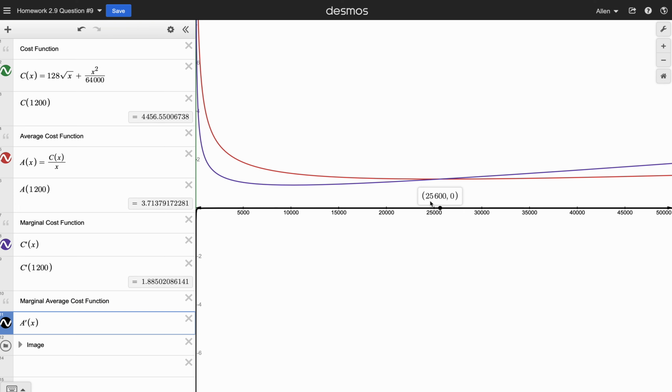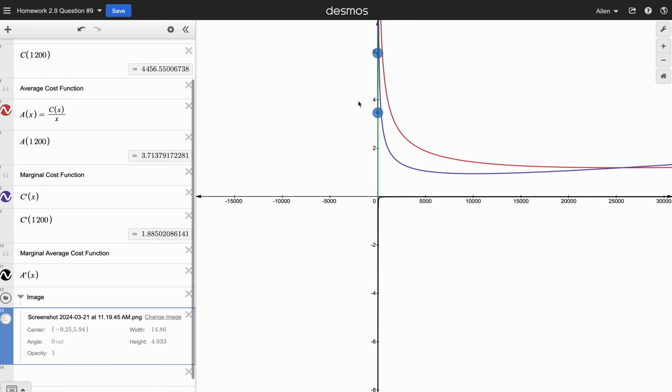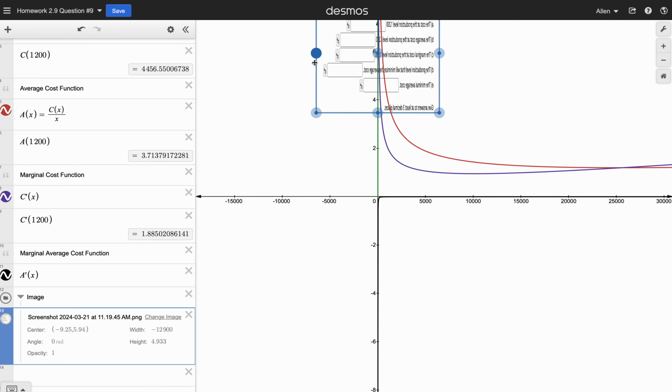So at a production level of 25,600, that's going to minimize our average cost. Right? Is that what we were asked to do? I got to go back to the picture and find out if I'm answering the right question here. So let's slide over. Let's get our image on the screen. It's really small right now because of the way we did this, but we'll make it bigger here.